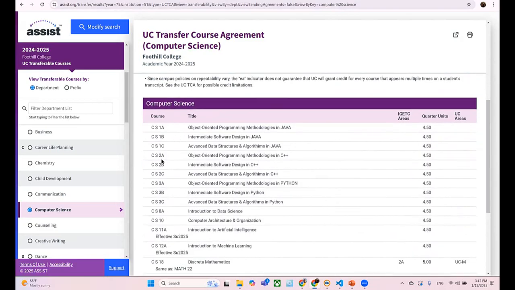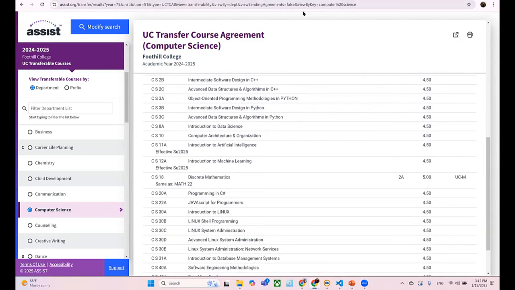They are 1A, 1B, 1C, 2A, 2B, 2C, 3A, 3B, 3C. And then computer architecture, you can take it or not. This is not important, but some people like it. CSA is good. This one for introduction to data science is also good. These 11, 12, and 18 are okay courses, but for high school students, it's also good because you can learn it in high school.